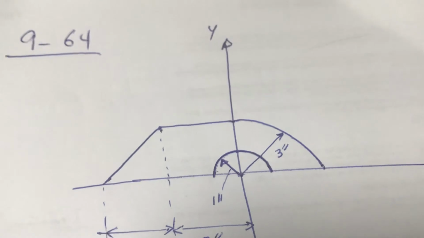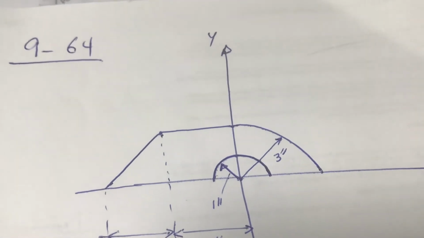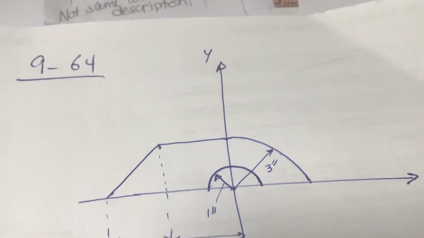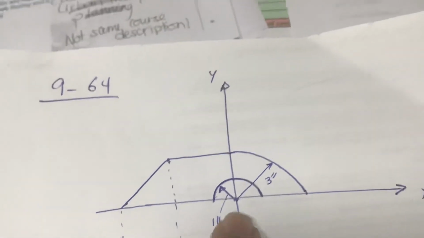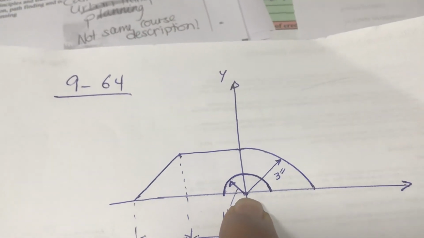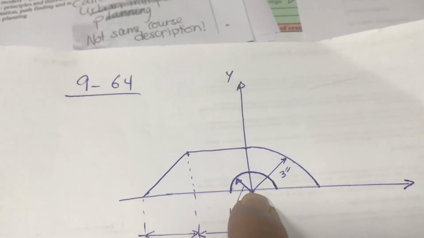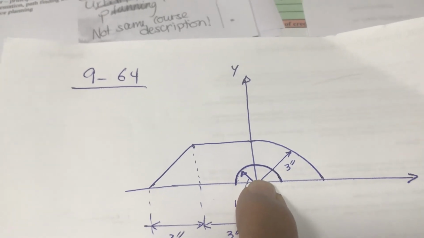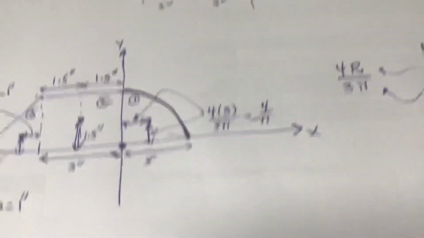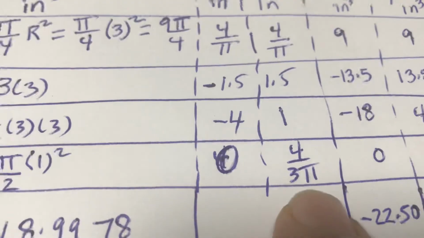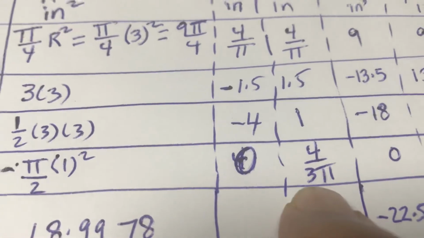There is no distance between the y-axis and the centroid. The whole thing is in the center of that small circle. There's no x bar, but there is y bar. So the y bar is equal to 4 times r over 3 pi, and r is 1 inch, so 4 times 1 over 3 pi, that's 4 over 3 pi.